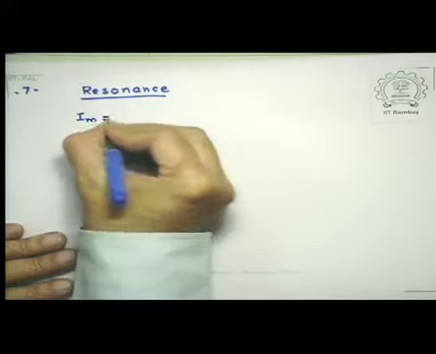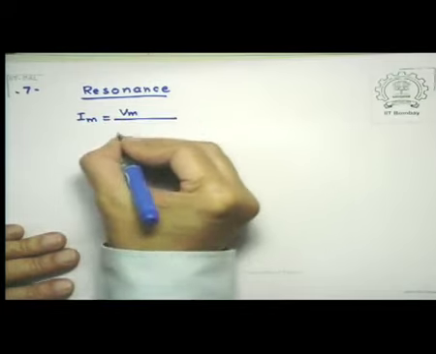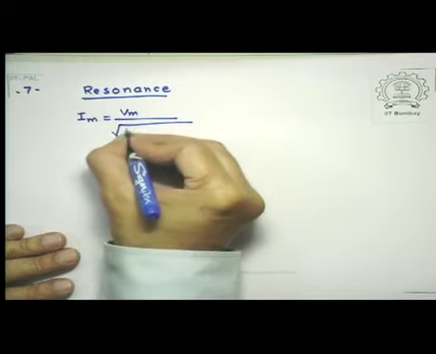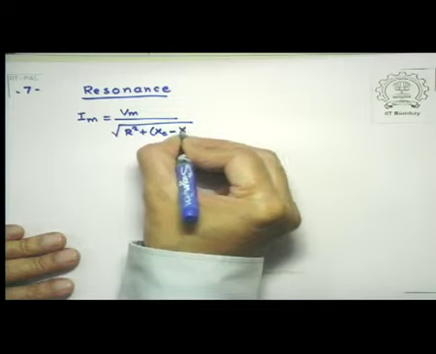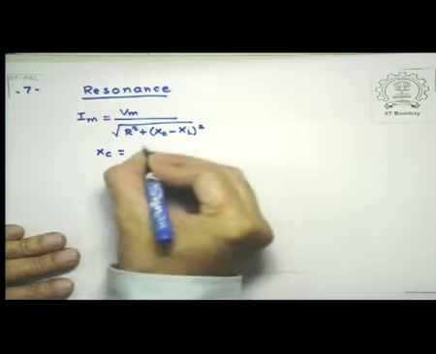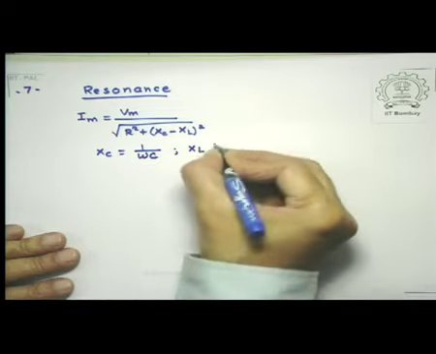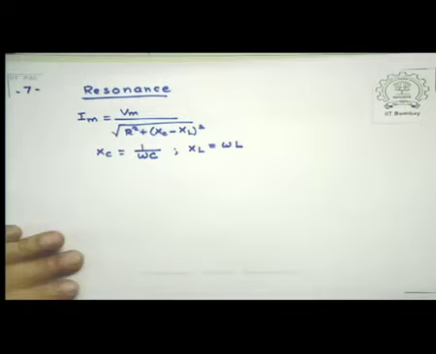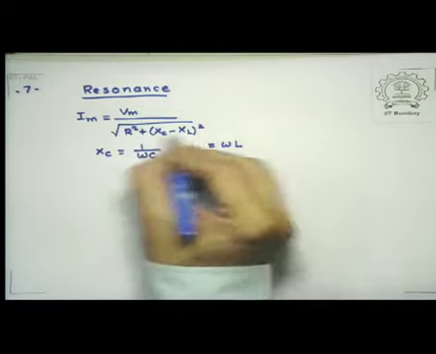So Im maximum is Vm divided by square root of R square plus (Xc minus Xl) whole square, where Xc is 1 over omega C and Xl is omega times L. Now notice one thing: the impedance is minimum. Impedance is what is there in the denominator.